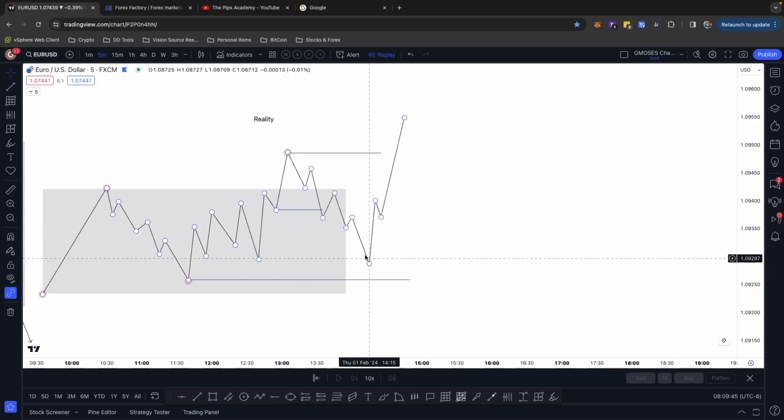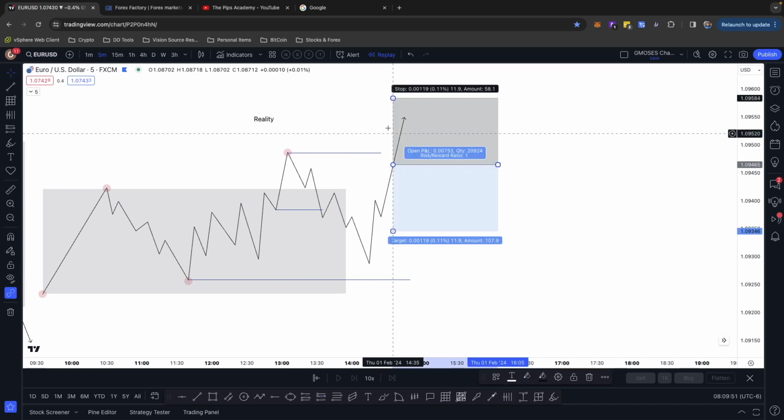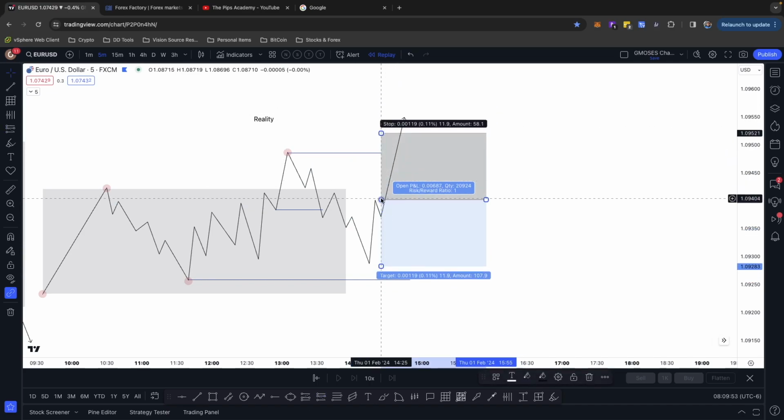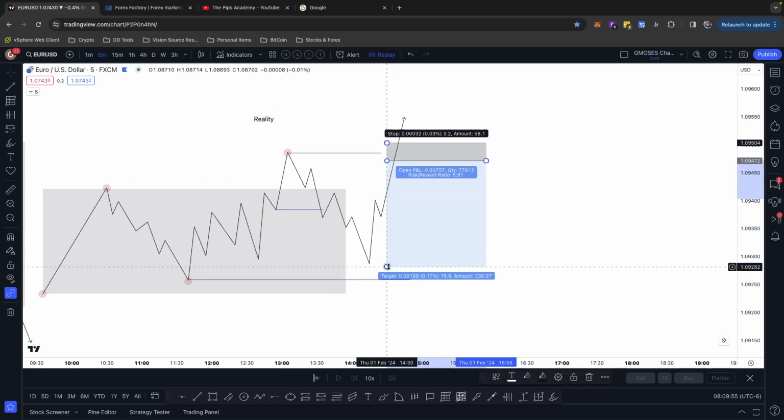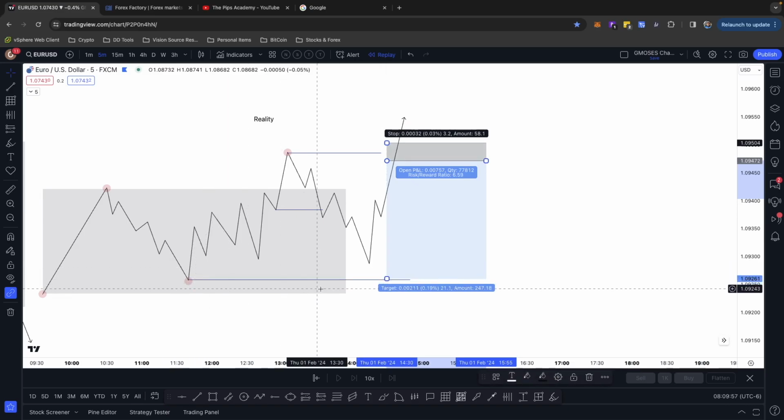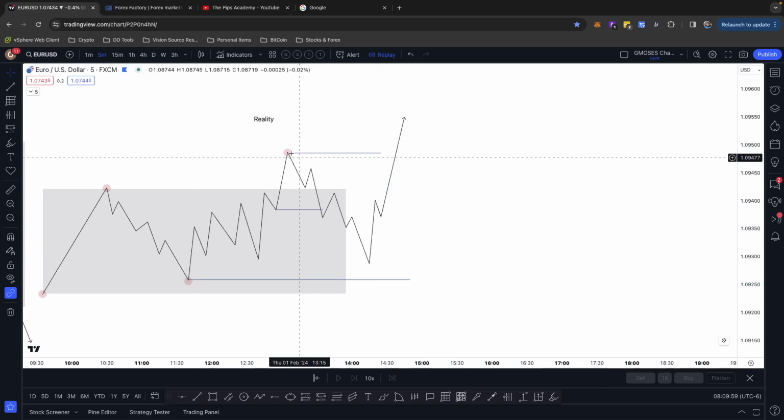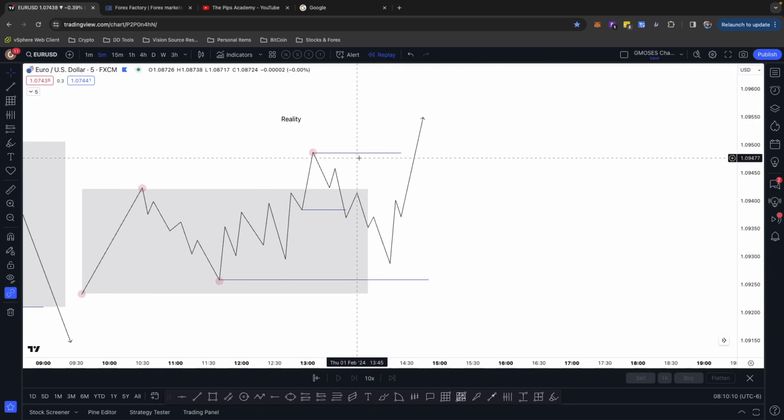So now I'm going to wait for a pullback somewhere in this area, and I'm going to try to short the market, and short it all the way down to this area here. However, the internal structure is just pulling back in order to give our external structure the swing low to go higher.